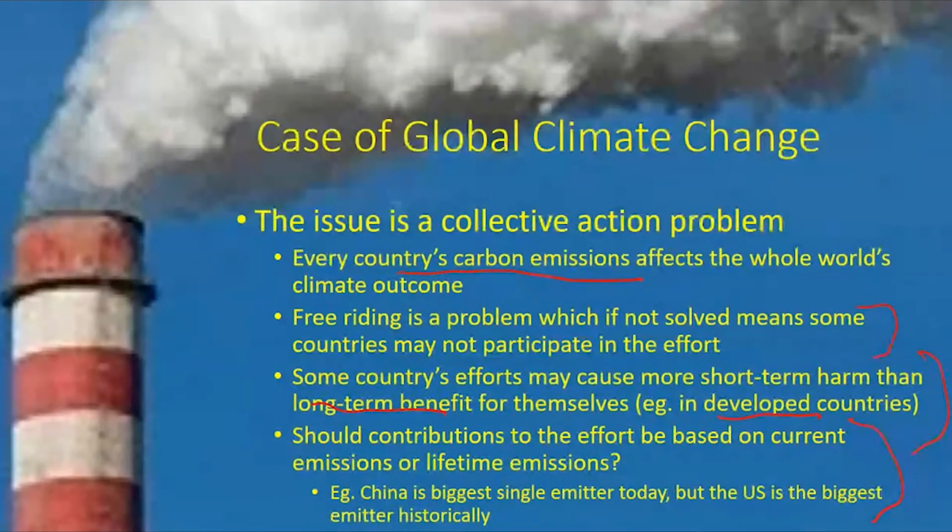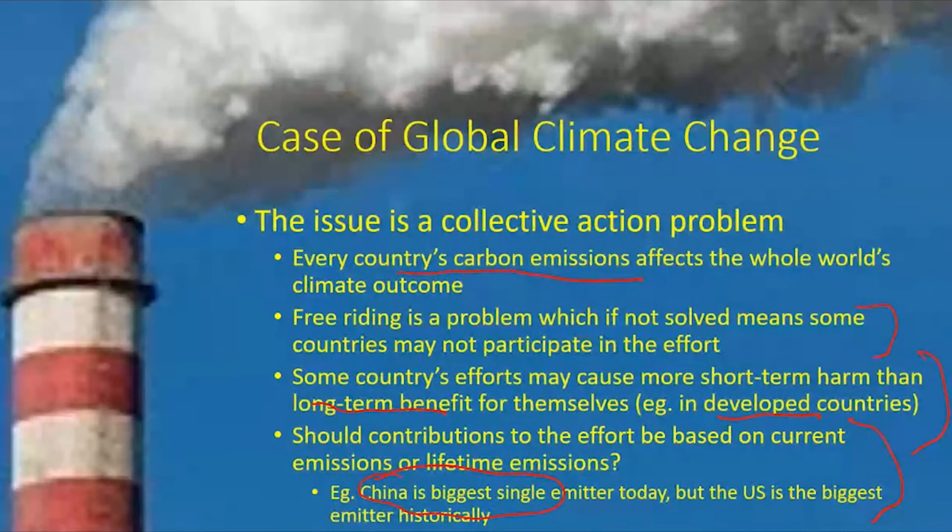One issue that rises up all the time is who's responsible for the climate change that's here and who should be responsible for making the big changes going forward. And a lot of times people look at the biggest emitters, of which China is the single biggest emitter today. But if you look historically, we should recognize that climate change occurs because of the sum total of carbon that's been emitted since the beginning of the industrial age.